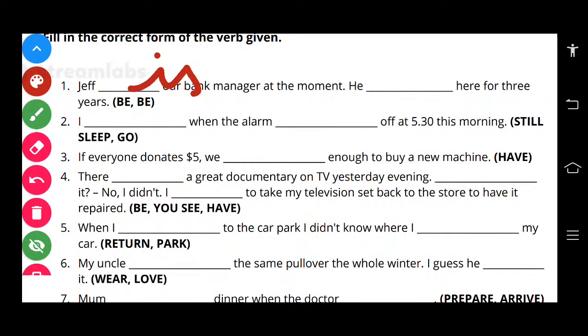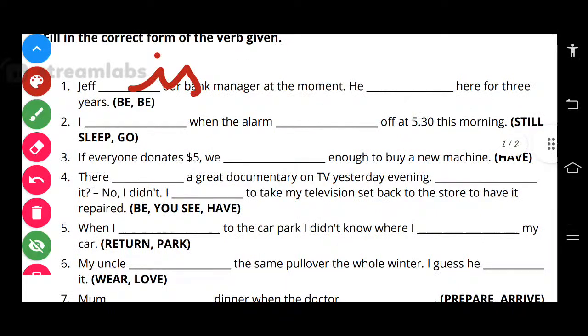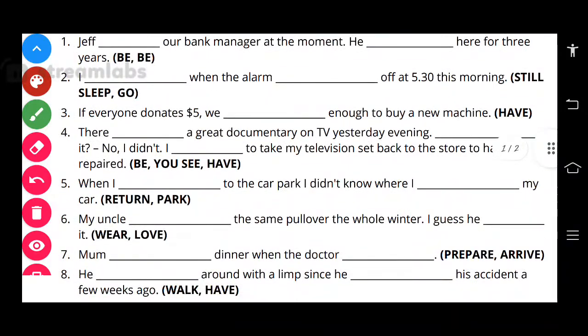Why did I use is in both the sentences? Because both indicate the present state. So we have to use only the present be form. Out of the present be forms am, is, are, as it indicates a singular pronoun and singular noun, we use is. Did you understand this?